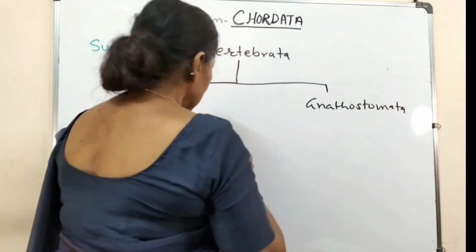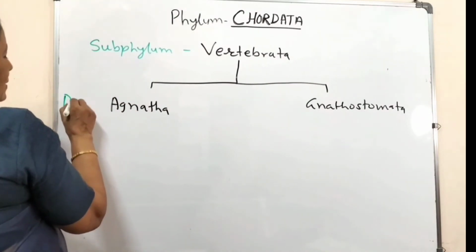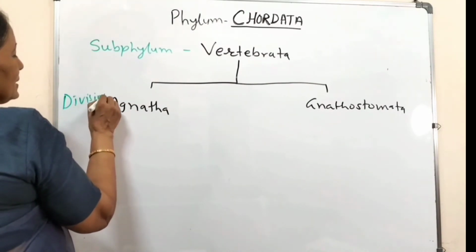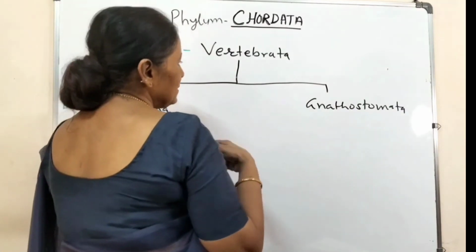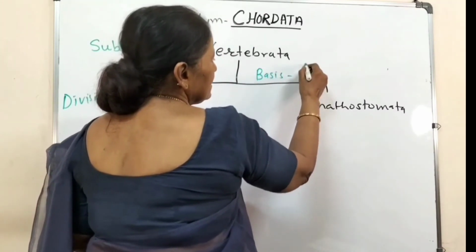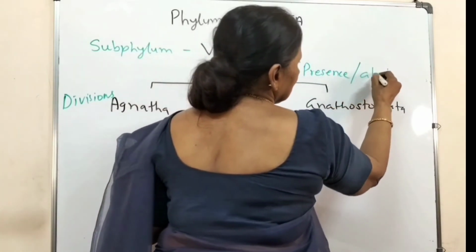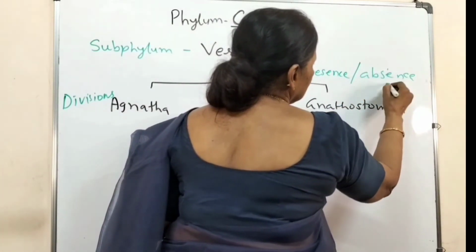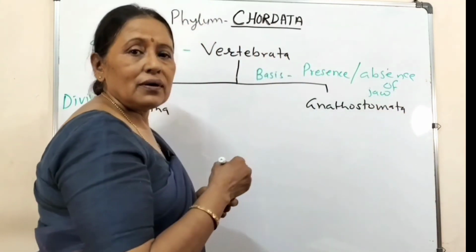These two are the divisions. What is the basis of this classification? The basis of classification is presence or absence of jaw.